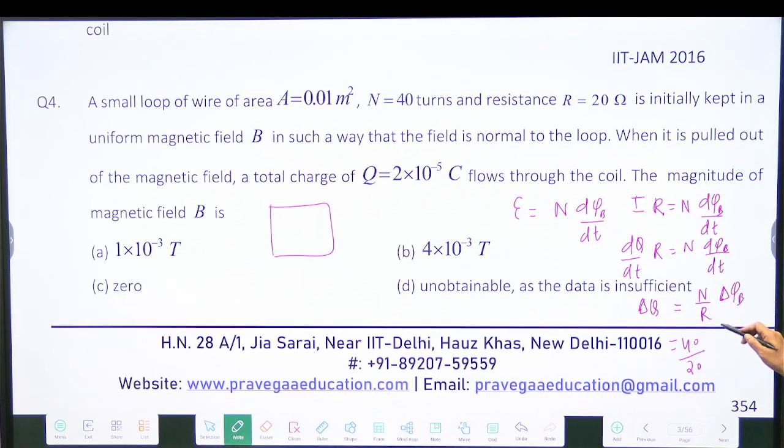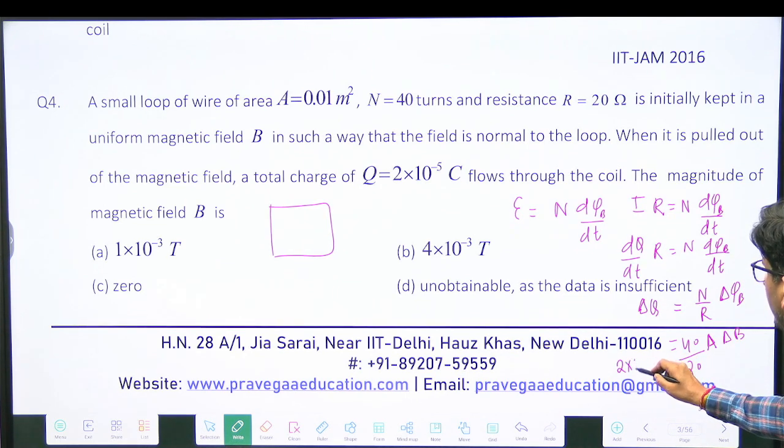So this is B into A. A is constant, and you have to calculate just delta B. Finally B is 0 because you have pulled it out. So flux is A into delta B, and delta Q is given.